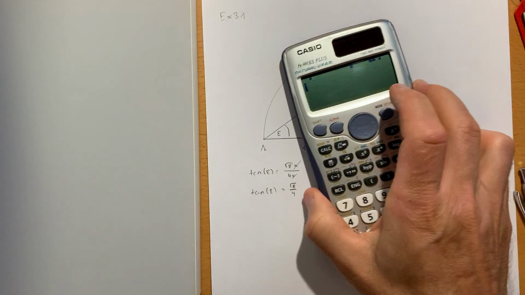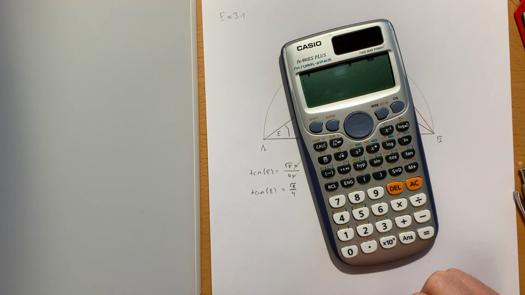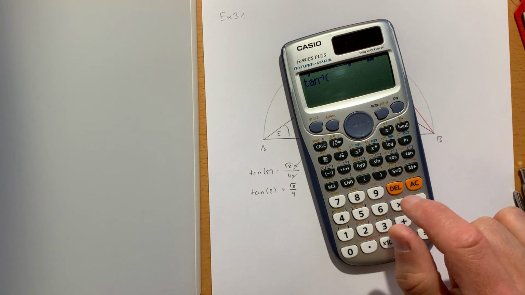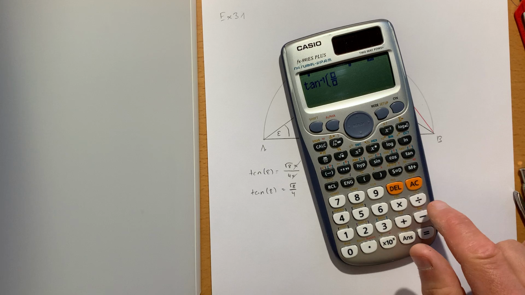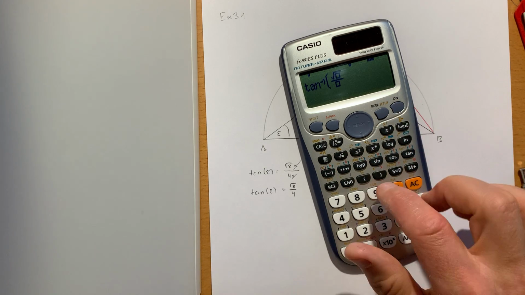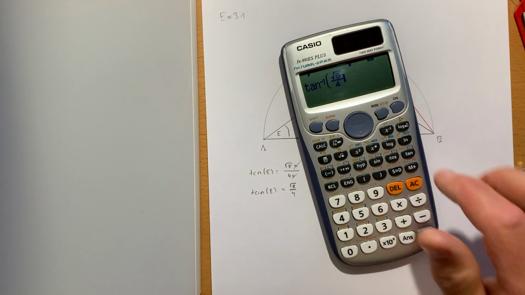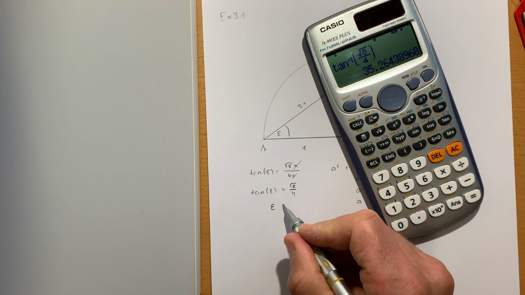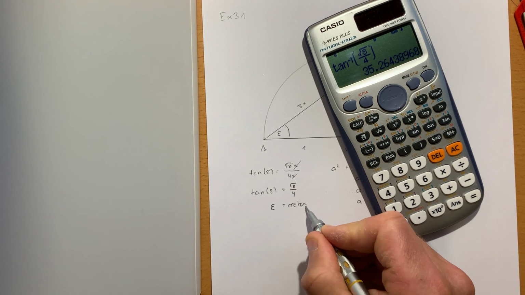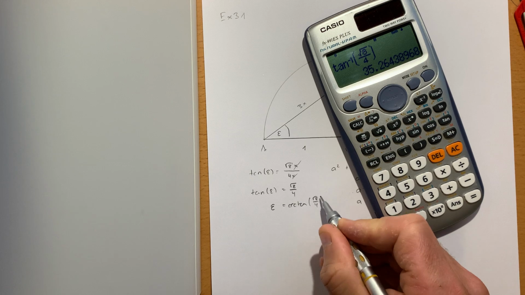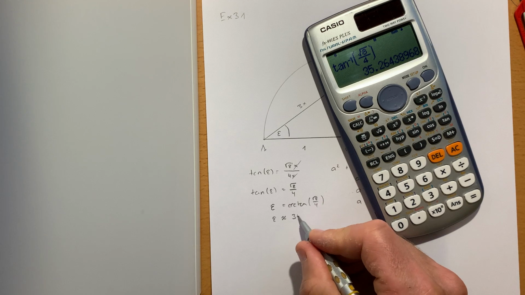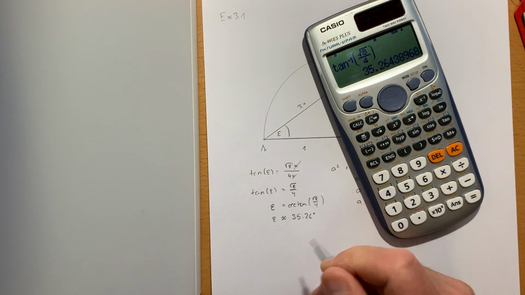You can use the arctangent for this, the inverse tangent. So epsilon is tangent to the minus 1 of the square root of 8 divided by 4, like this. So let's write that up. Epsilon is arctangent of square root of 8 over 4, and epsilon is approximately equal to 35.26 degrees.